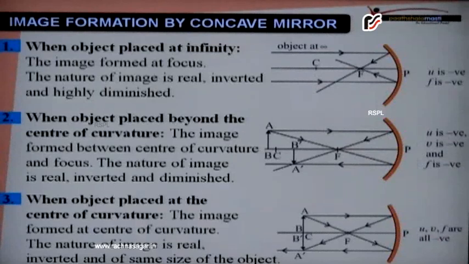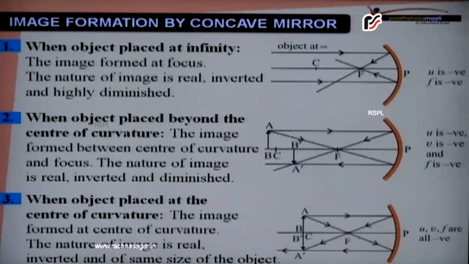The image is formed at the focus of the concave mirror. The size of the image is highly diminished. The nature of the image is real and inverted. But if the image is point size, we can't distinguish between inverted and erect images.